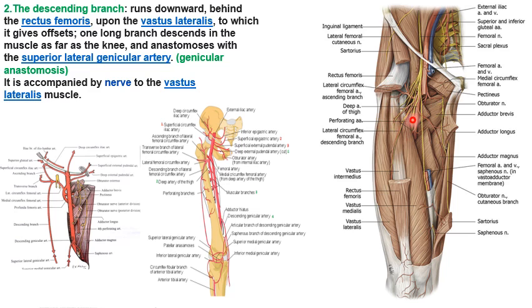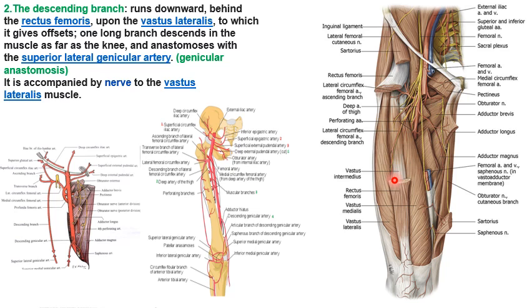This is the descending branch of the lateral circumflex femoral artery that we are talking about. As it descends, it is behind the rectus femoris, resting on vastus intermedius and along the vastus lateralis, supplying all these muscles.